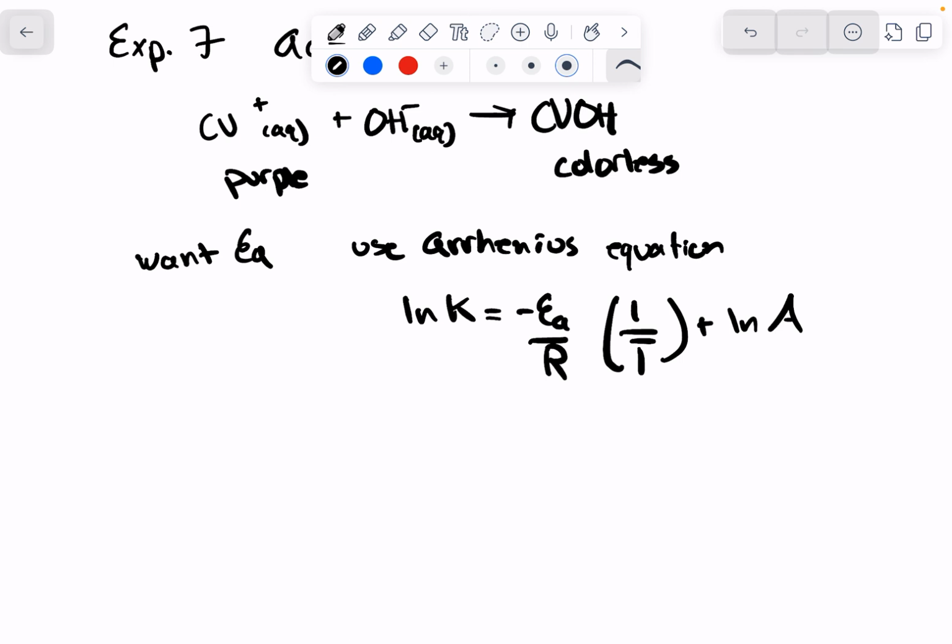So if we wanted to do this, we need to make a graph of 1 over T versus the natural log of k, where k is the rate constant.